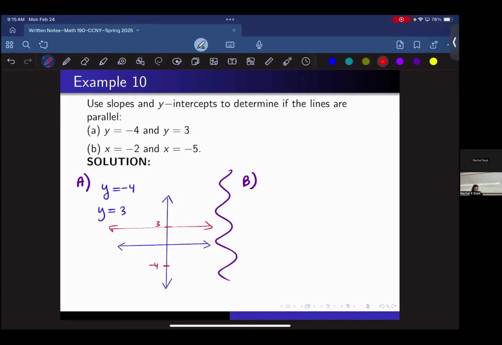We have two parallel lines. They'll never touch. So therefore, yes. What about part B? Two vertical lines. So once again, yes. Therefore, yes, they are parallel.